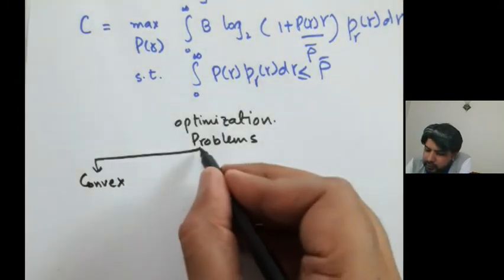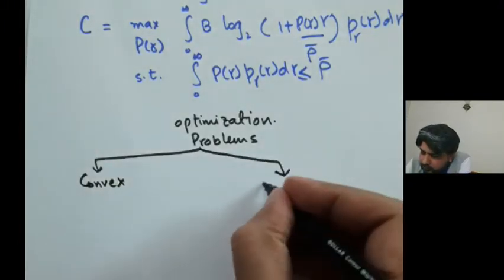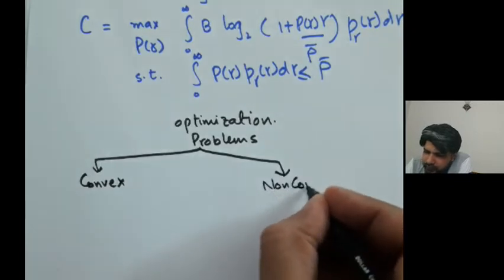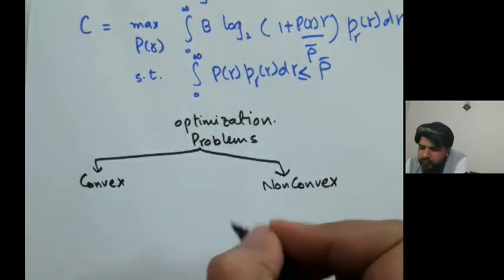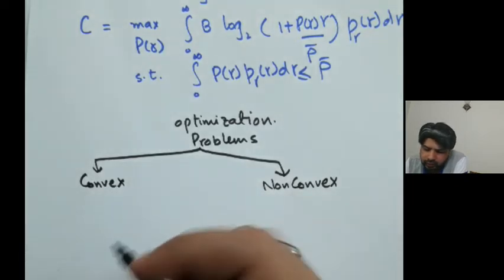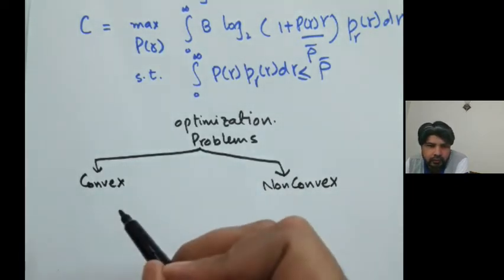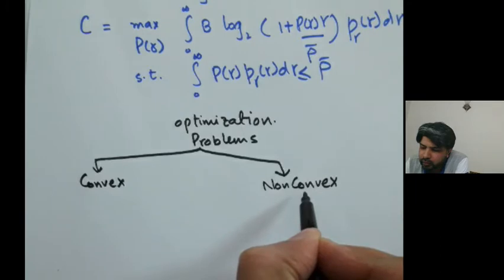But broadly speaking, you can categorize your optimization problems as either convex or non-convex.